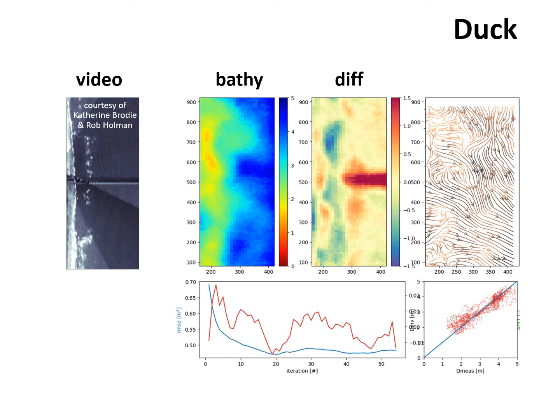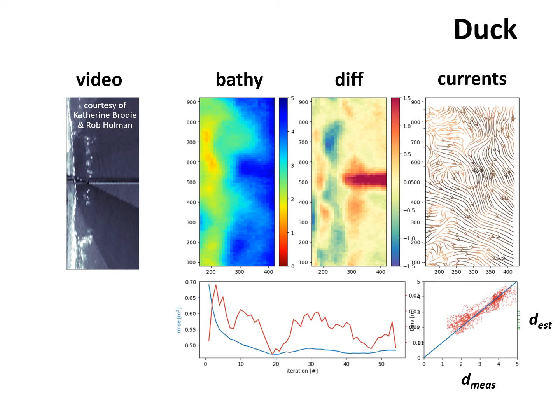On the top left, you see the bathymetry estimate. In the top middle, you see a difference map with the measured bathymetry, which, by the way, goes from about minus 1.5 meters to plus 1.5 meters in difference. For that difference map, you may also look at the bottom right, where you see a direct comparison between the depth estimated on the vertical axis and the depth measured on the horizontal axis.